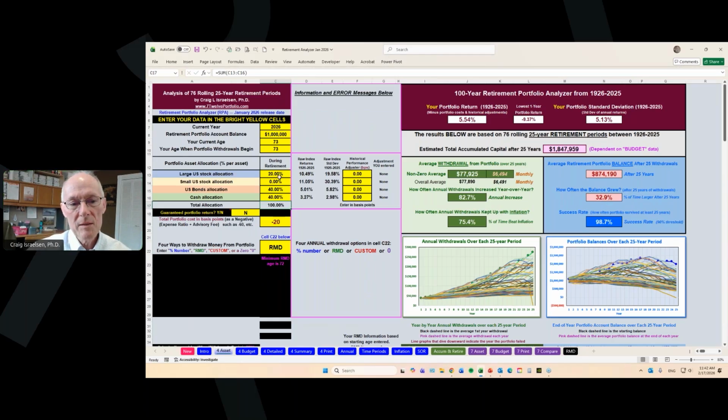So this is what I'm talking about in terms of test driving the impact of choices that you have. You have a choice in your asset allocation, whether you're determining it or collectively with your advisor. Those are decisions you can make.